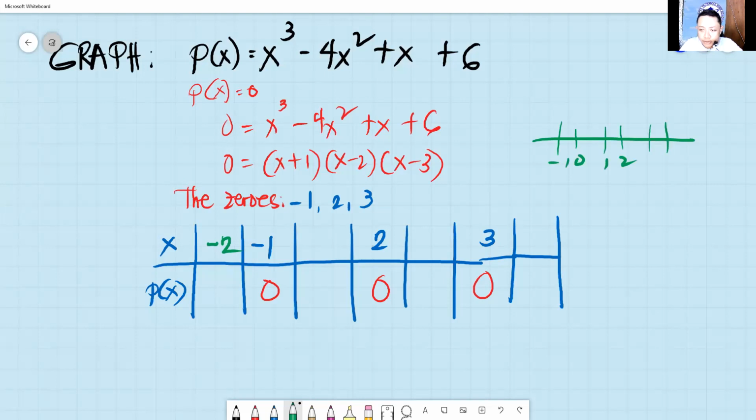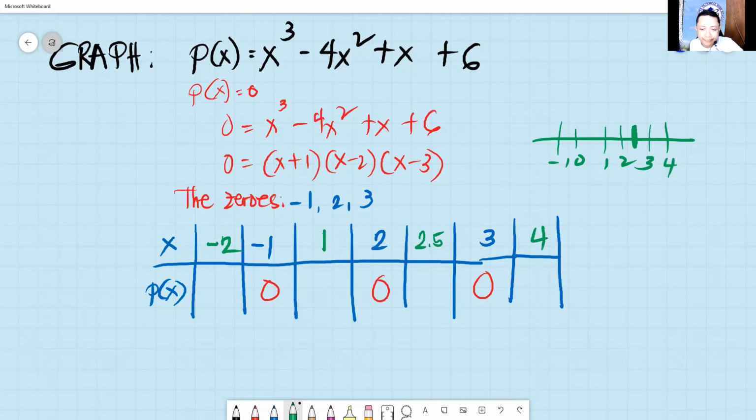Or in between, that's 0.5. Your choice. Or 1 for simplicity. We may use 1 here. And then in between 2 and 3, we have no choice. That's 2.5. Just put a value there. And then after 3 is 4.